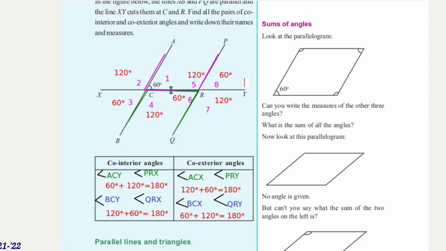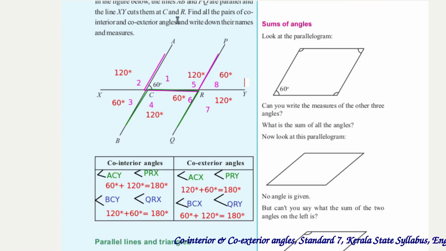So these two angles are supplementary angles. Again, these two co-exterior angles, here it is 60 degrees, this one is 120 degrees. So when you add these two angles, you get 180 degrees. So these two angles are supplementary angles.